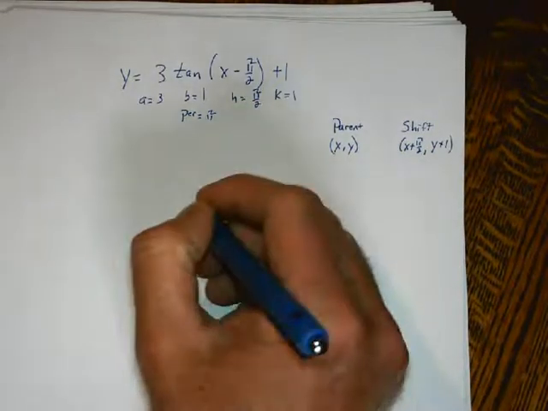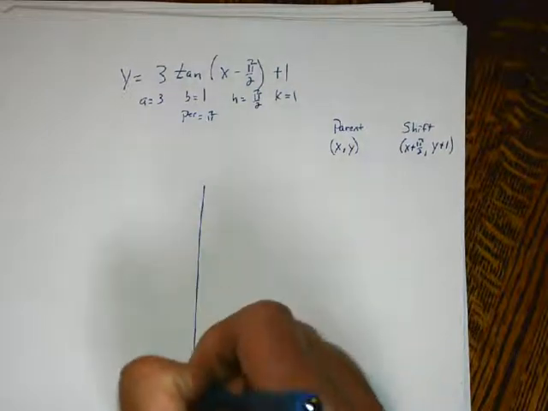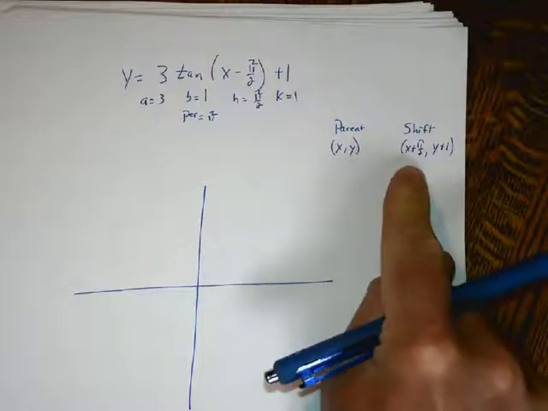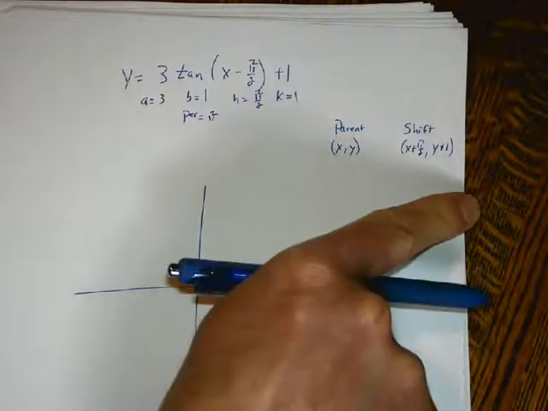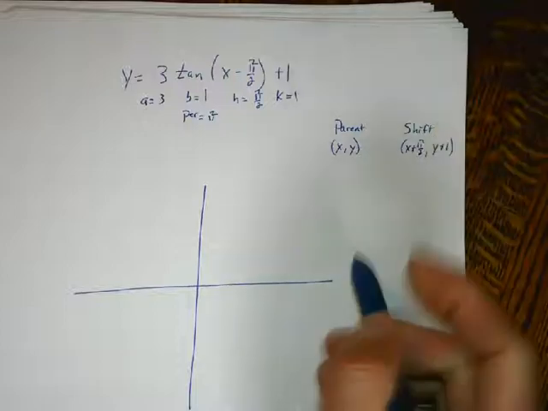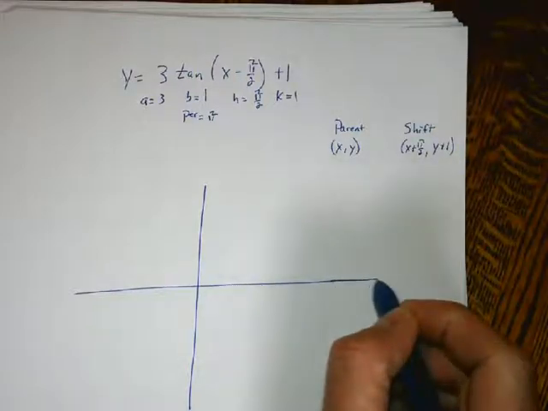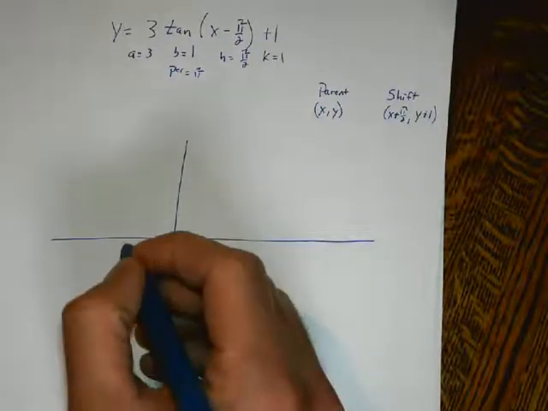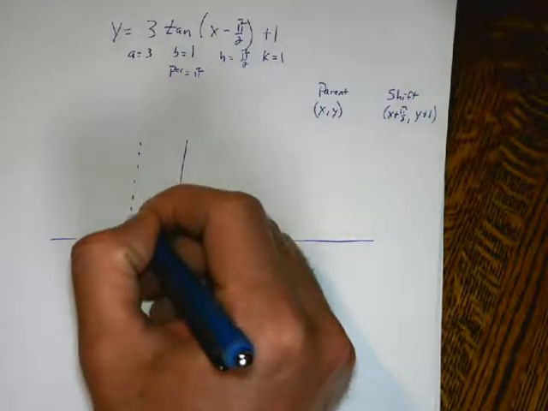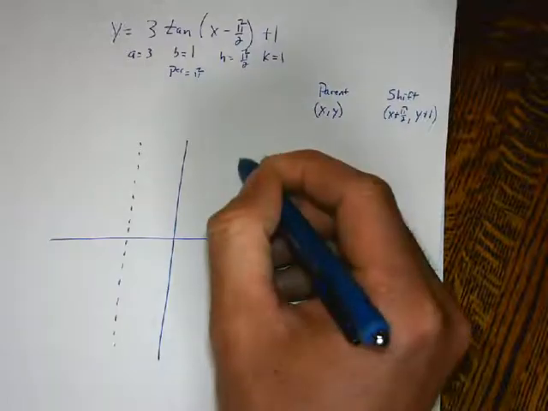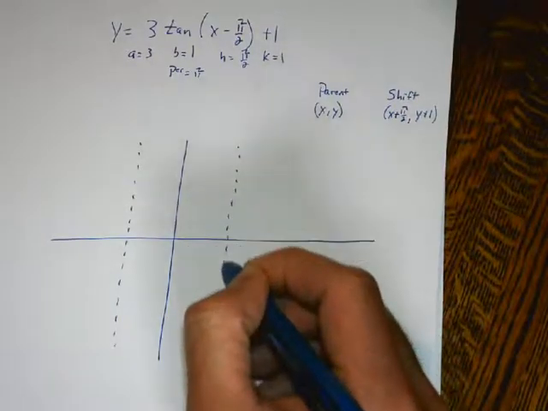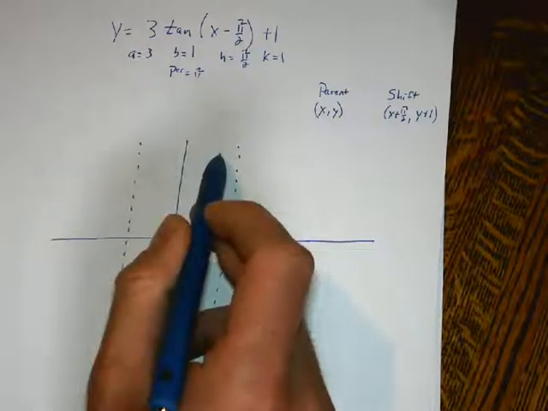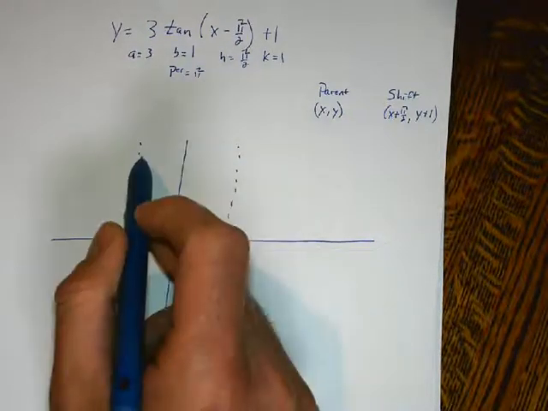Once again, we start. I know that my shift's going to go to the right, and it's going to move up. So I might draw this line a little bit longer, have a little bit more space if need be. Okay. Asymptotes. Remember, the distance between these two is the period, and the period is pi from here to here. So that means one half is pi over 2, the other half is pi over 2 negative.